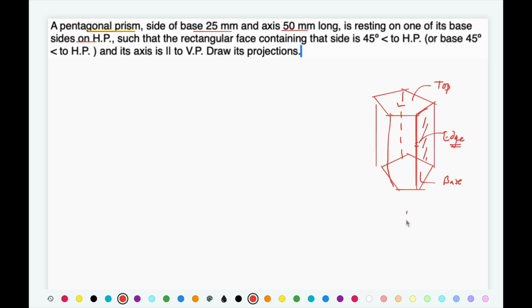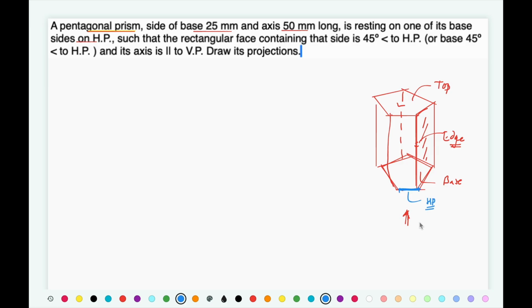So when you look at that solid in any direction, some of the edges are going to be visible, some of the edges are going to be invisible. Now this solid has got a pentagonal base, and it is resting on one of the sides of its pentagonal base on HP.